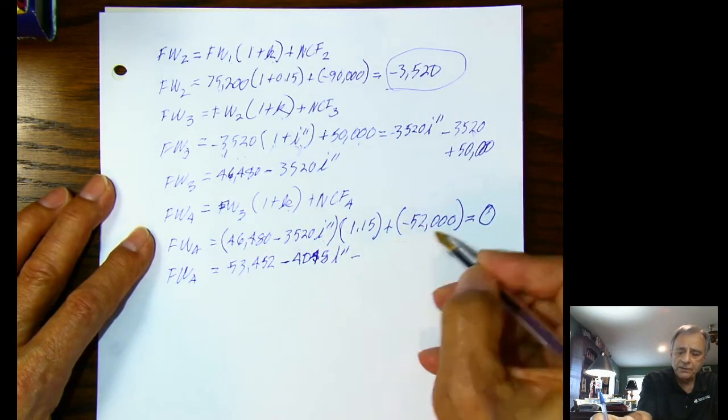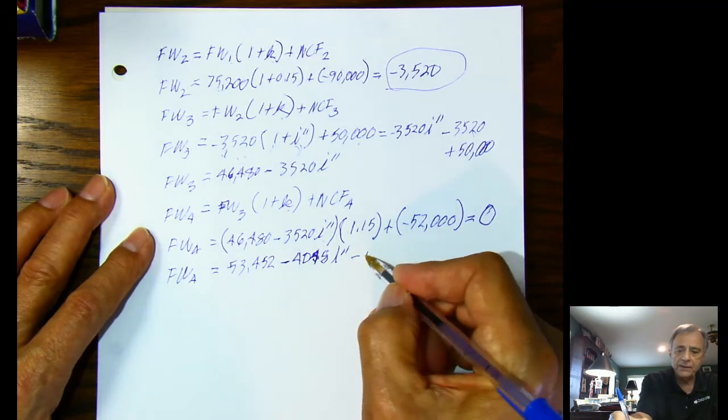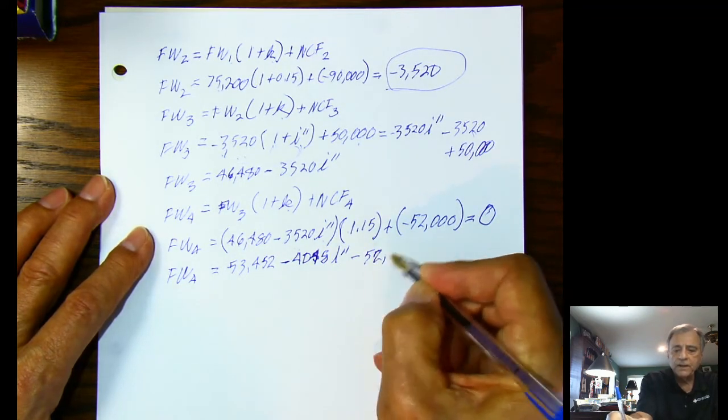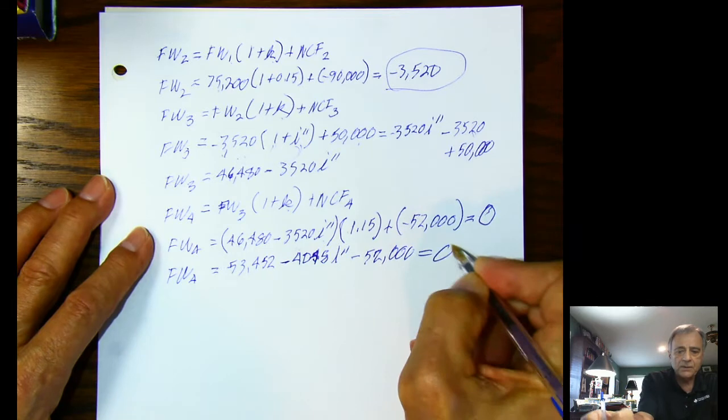And then we have the minus 52,000 out here. And that's still equal to 0.